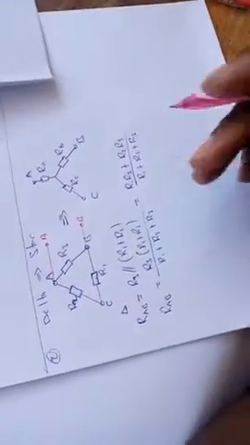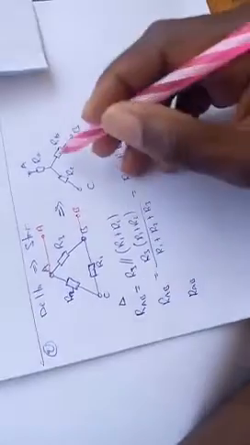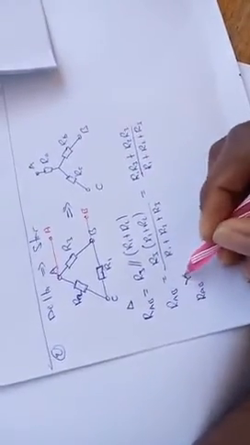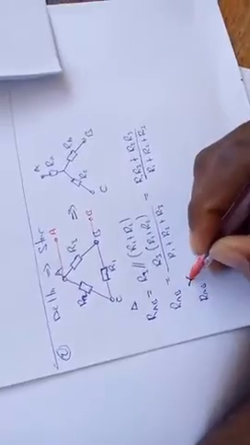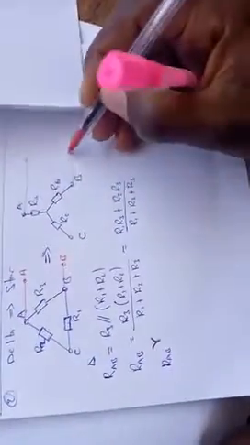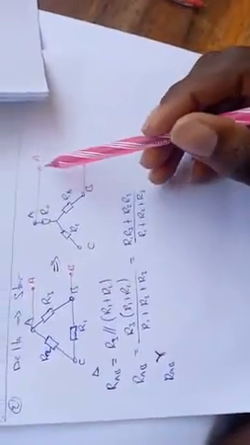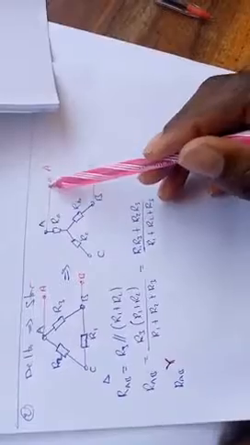Then I can also express RAB from the Y network. So again, considering A, B, here I have one path from A to B. I can move like this.